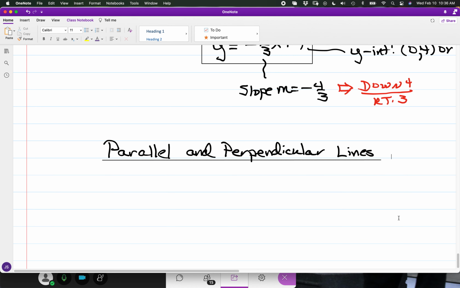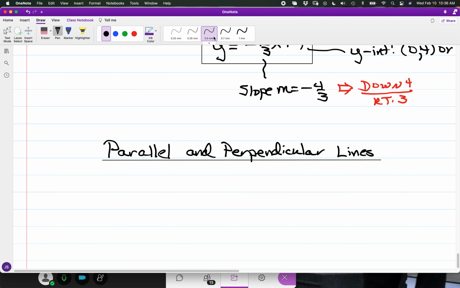And for the categories now, for parallel lines. Parallel lines, okay, those are going to be distinct lines. Distinct as in they're not the same. But they're going to have the same kind of behavior motion-wise.